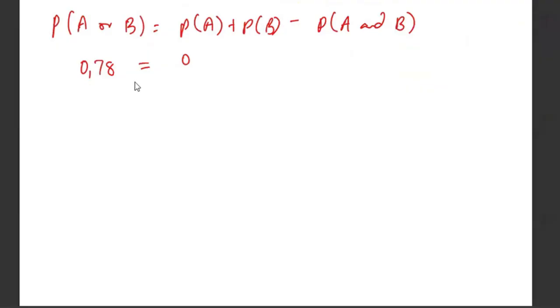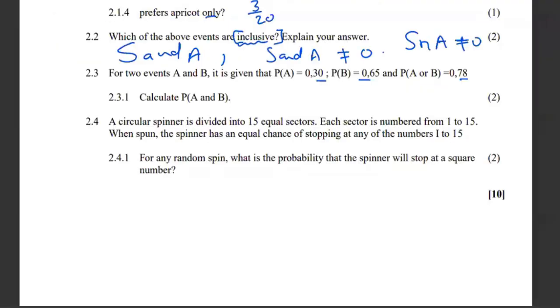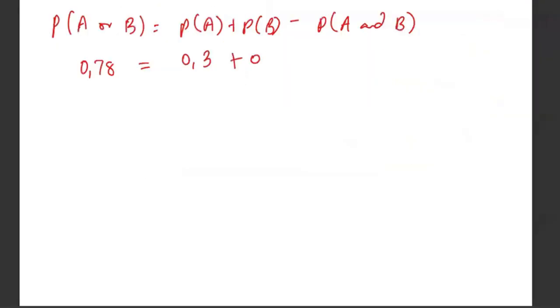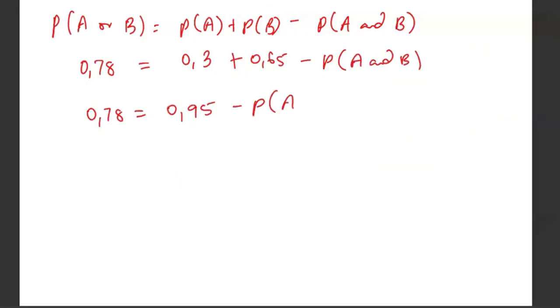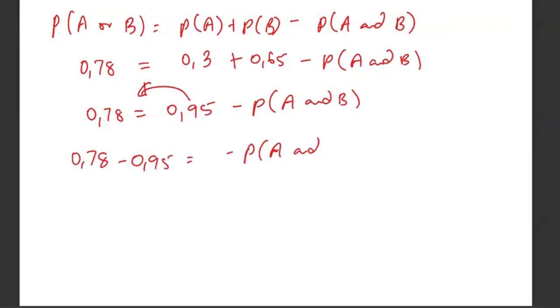The probability of A is 0.3, and the probability of B is 0.65. We are subtracting A and B. So 0.3 plus 0.65 gives us 0.95 minus the probability of A and B. Let's move this to that side: 0.78 minus 0.95 should give us a negative probability of A and B.